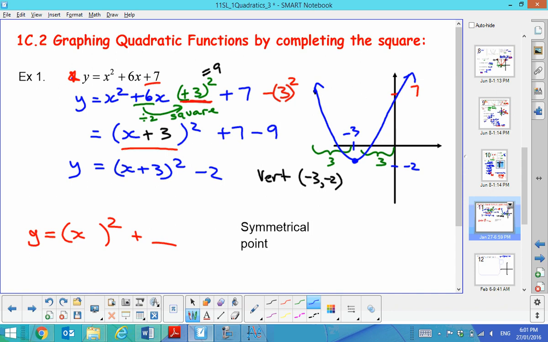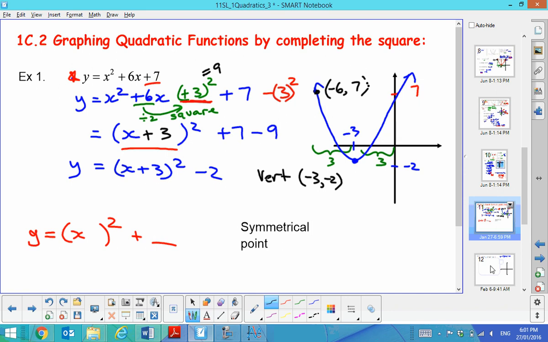I don't know the x-intercepts. We'd need to solve that, and that may or may not happen easily. They may not be rational. From a quick look at the equation, I don't think I can factorise that easily, so they're going to probably be irrational. So our symmetrical point, just so you can write that in, is at minus 6, 7. So now we can do a quick sketch by completing the square.